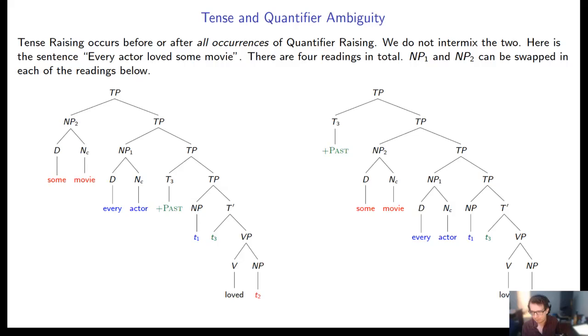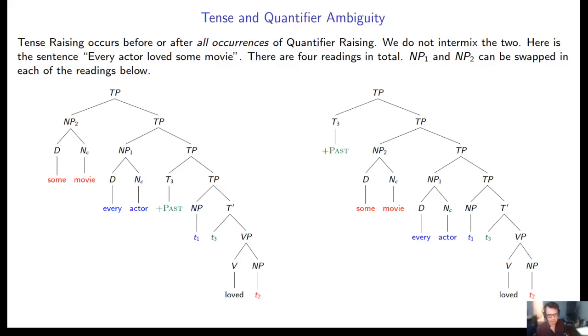Now, the only thing about tense raising and quantifier raising is that we do tense raising before or after quantifier raising. We don't intermingle them. So we don't do like 1 quantifier raise, then 1 tense raise, then 1 quantifier raise. No, we do all quantifiers, then tense, or tense and then all quantifiers.